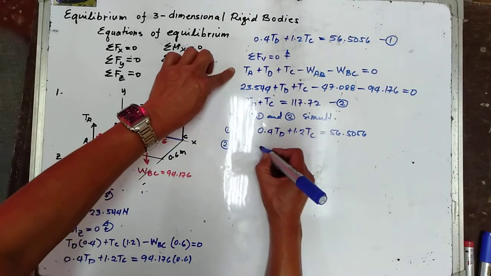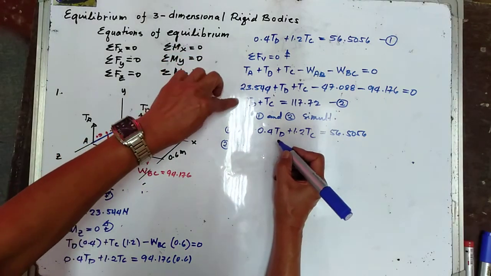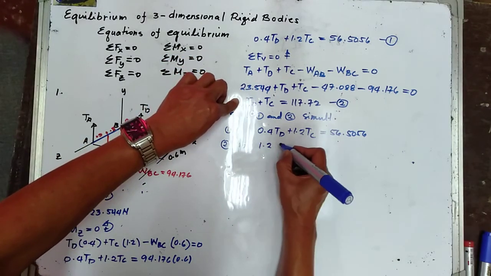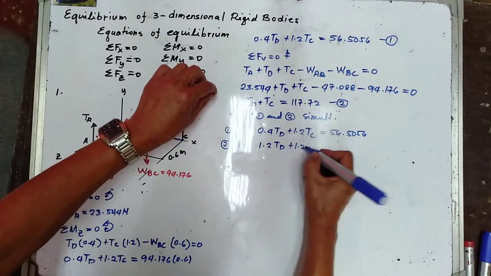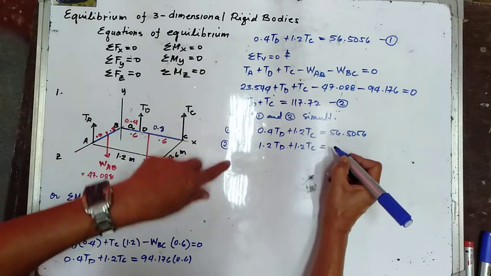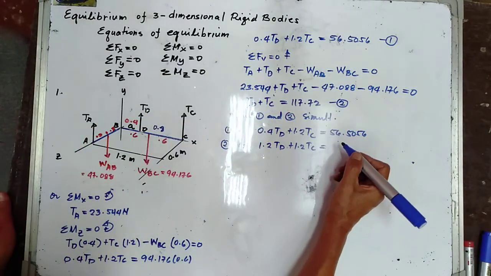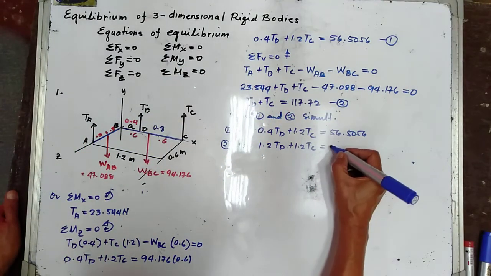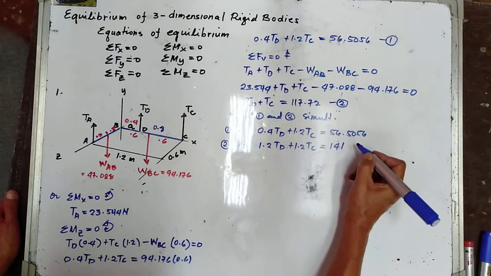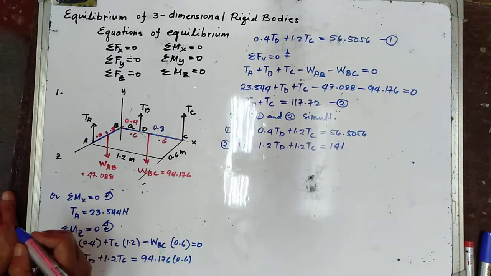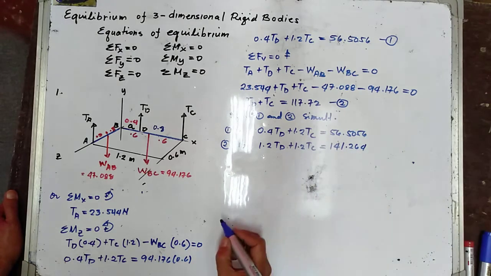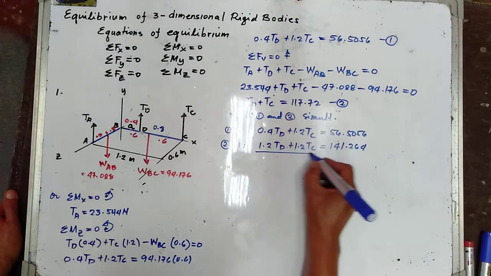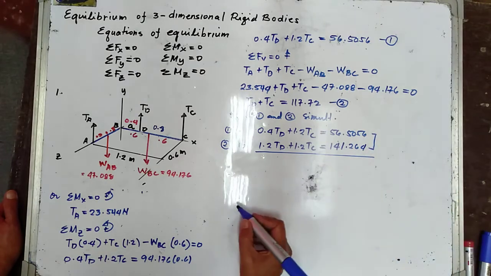Okay, so we have 1.2 TD plus 1.2 TC, 1.2 by 117.72, that is 141.264. Okay, so let us try to subtract the two equations.